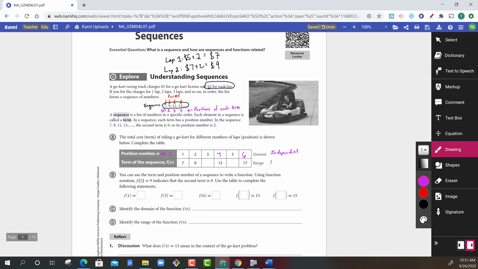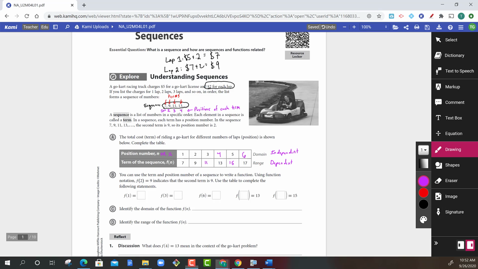And the term of the sequence, which is the money, that's your dependent variable, because that changes depending on how many laps have been gone through. And of course, we know this is increasing by $2 every single time. So 7, 9, 11, 13, 15, 17.